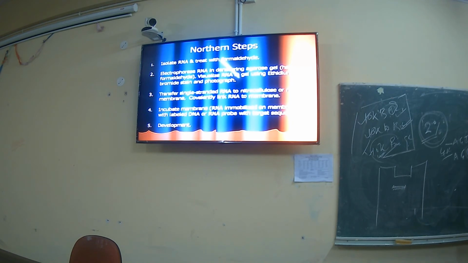The structure of RNA is given: 5 prime, A, U, G, U, C, U, and 3 prime. So you have a 3 prime hydroxyl group, and here is the 5 prime phosphate.